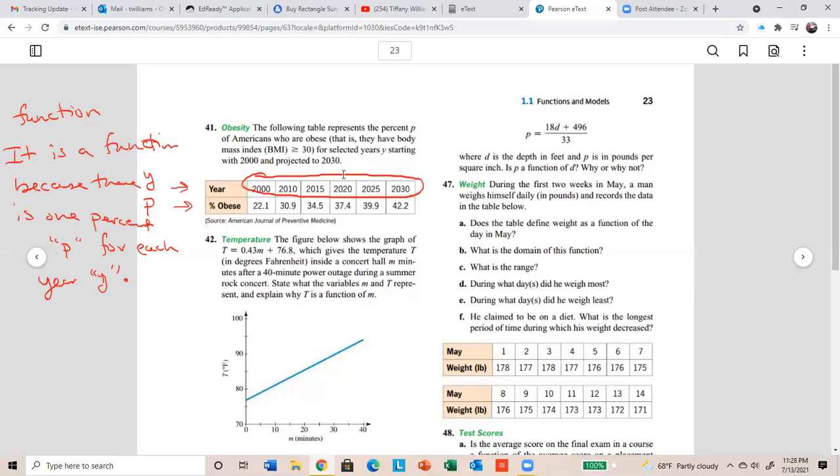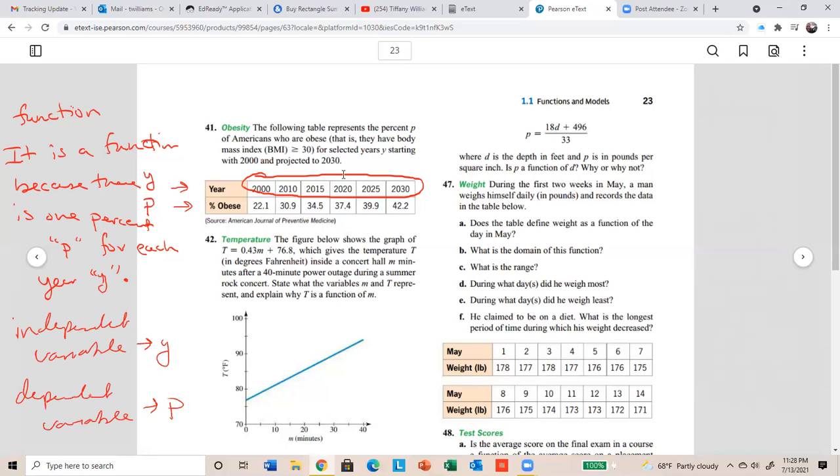Mathematically speaking, there is one percent P for each year Y. I got all tongue-tied. So because it is a function, let's talk about what our independent and dependent variables are. The independent variable, of course, is going to be the Y. And our dependent variable will be the P.